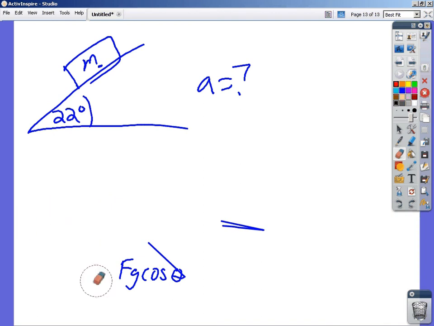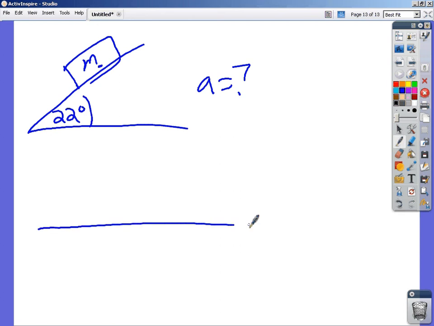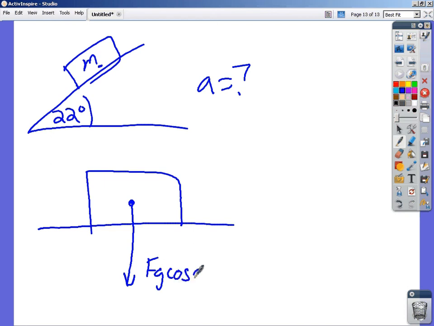Finding the acceleration, we know the net force on the block is just going to equal mg sine theta. Taking it one step further, ma is equal to mg sine theta, where net force is equal to ma. What happens to the masses?